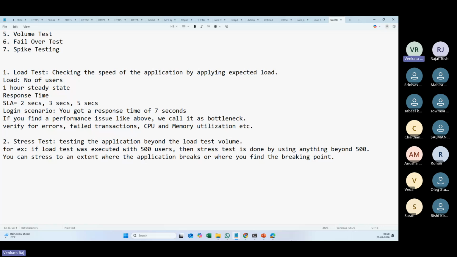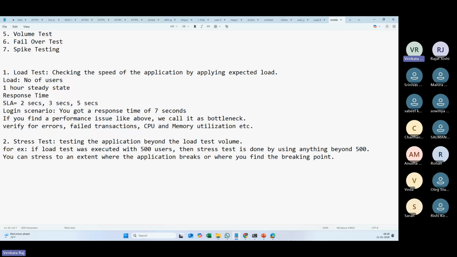So in case of software also, any application will have some limit based on the application server's configuration and capacity. The application will be able to handle some amount of load. It could be 500 users, it could be 800 users, it could be 1500 users. But at some point there will be a max limit, and if that is exceeded, the application will break.